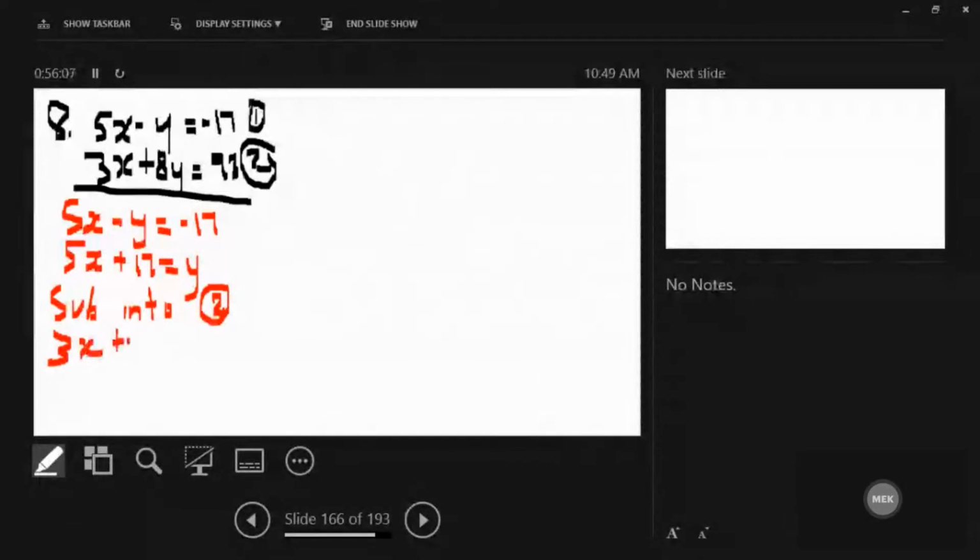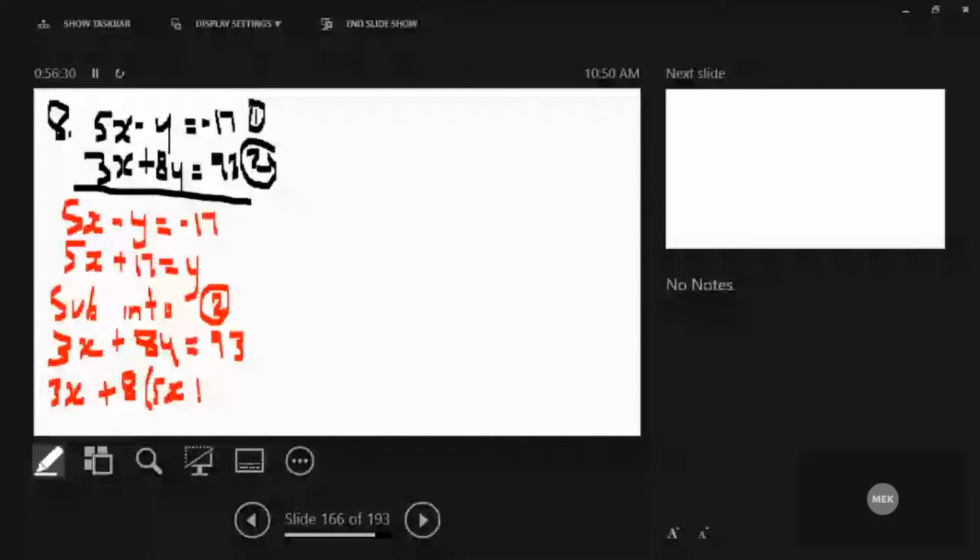plus 8y equals 93. So where y is, we're going to put 5x plus 17. All right, so 3x plus 8 times (5x plus 17) is equal to 93.